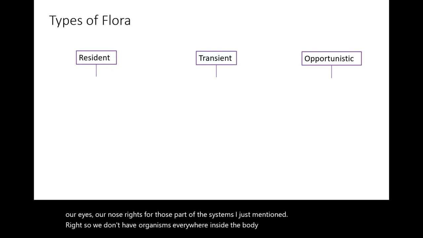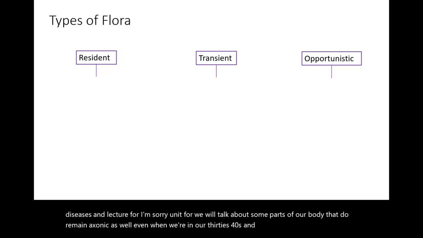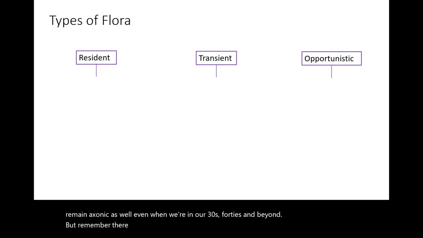As we get to the different diseases in unit 4, we will talk about some parts of our body that do remain axenic as well, even when we're in our 30s, 40s, and beyond. But remember, there are organisms within most parts of our body that help us, okay? And we'll talk about how that is later.